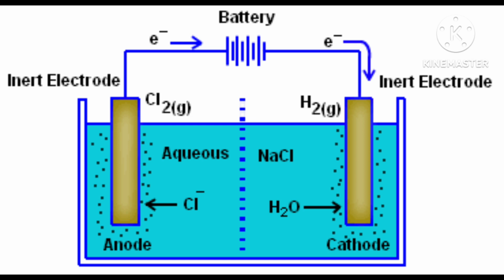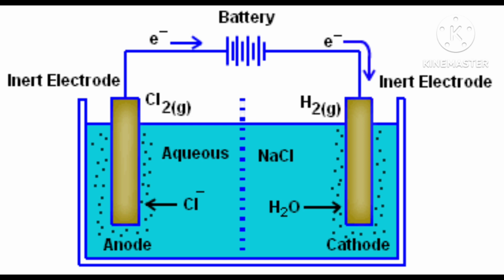Chemical equivalent weight means the atomic mass of the metal divided by the number of electrons required to reduce the cation.